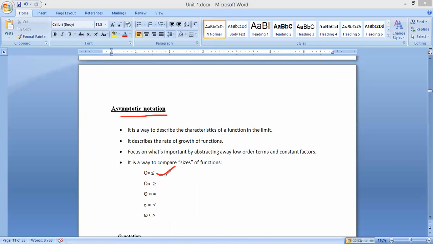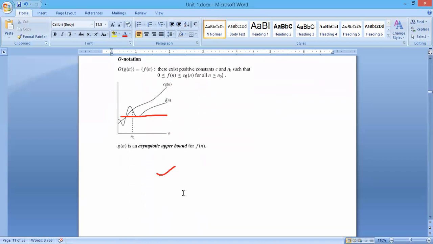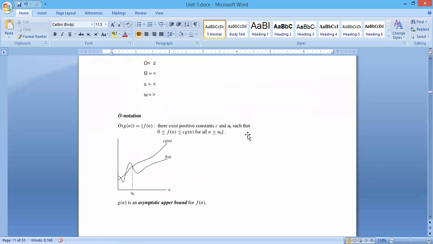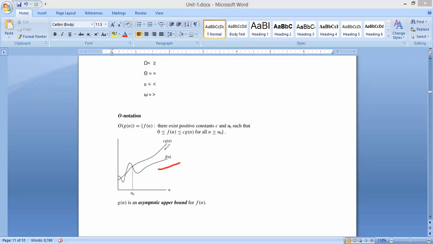The first one is big O notation, that is also called O notation, in which we can see the graph. This is the function, this is the constant of g function, g of n. I'm going to explain each and everything, just first showing you the graphs.